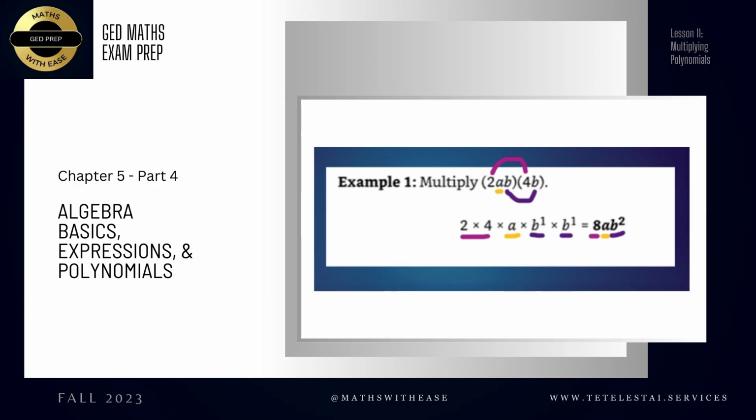So b times b is b squared, or simply 1 plus 1 is 2, right? So you would raise b to the power of 2. And so combining everything that we found, 2 times 4, 8, times a times b squared is our answer to multiplying 2ab by 4b, okay?